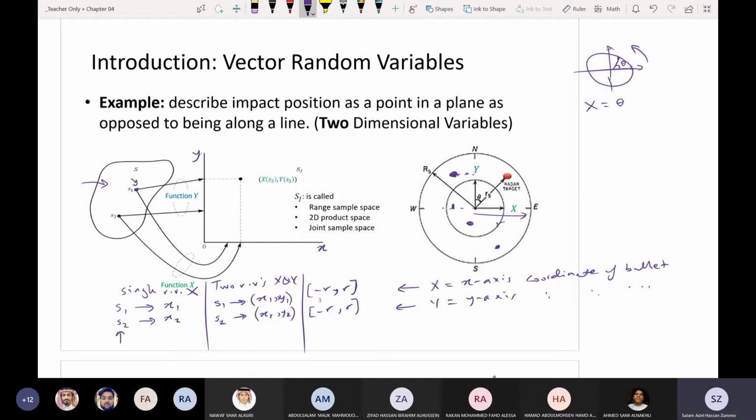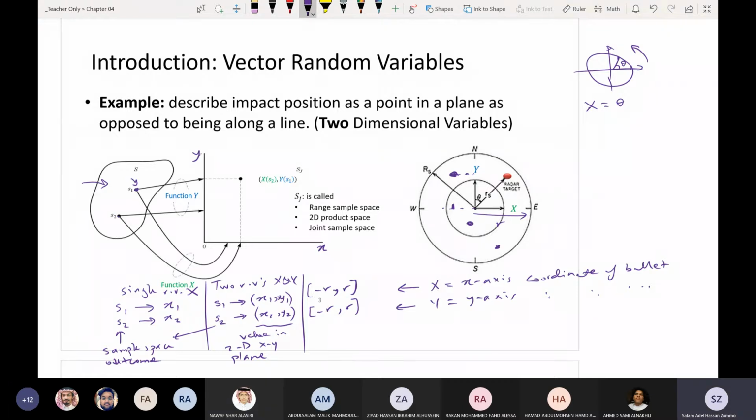So this is the experiment outcome, the sample space outcomes. And this is basically the value in the two-dimensional X, Y plane. Is that clear, guys?